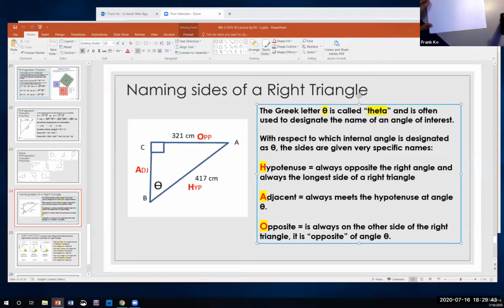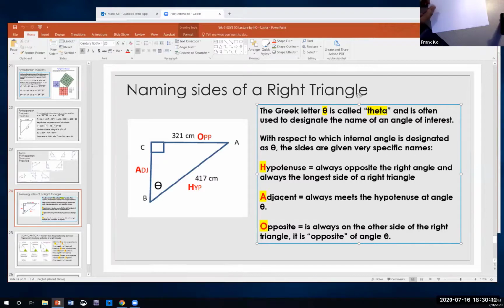One of them is called adjacent, and look at the definition very carefully. Which side is adjacent? It is the side that always meets the hypotenuse at the angle of theta. So here's the angle. In order to form the angle, you need 2 sides. One side is the hypotenuse. The other side that forms the angle of theta is called what, class?